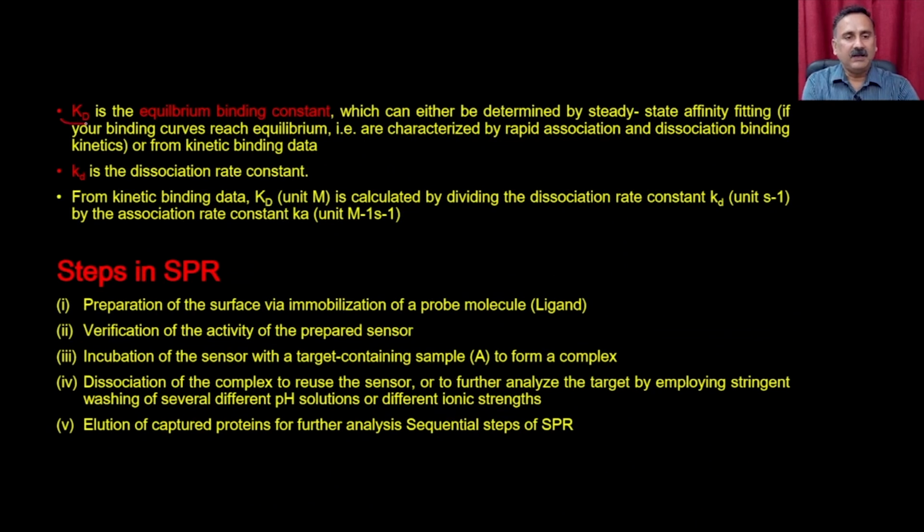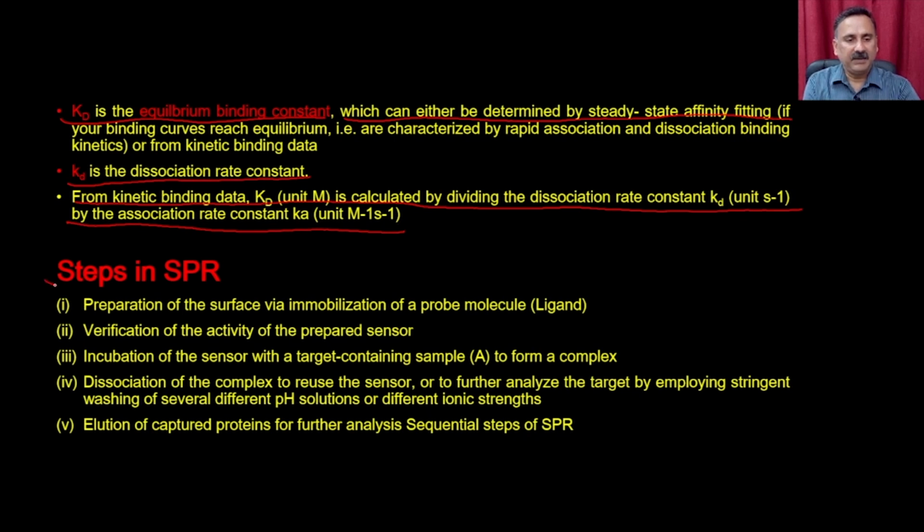So KD is the equilibrium binding constant, which can be determined by steady state affinity fitting, and Kd is the dissociation rate constant. From the binding data, KD can be calculated by dividing the dissociation rate constant by the association rate constant.